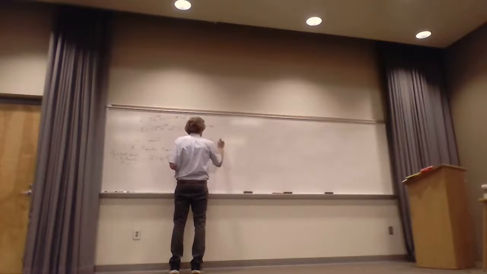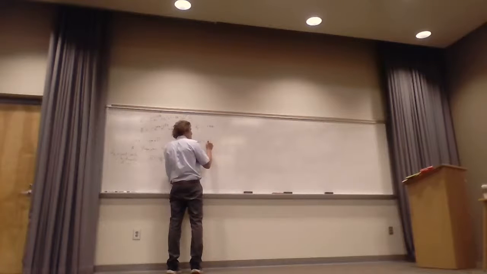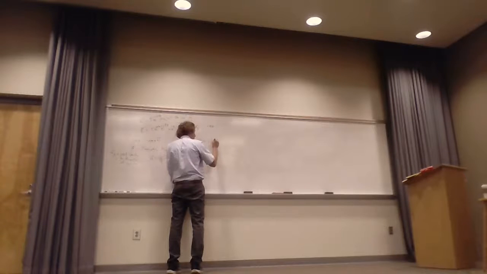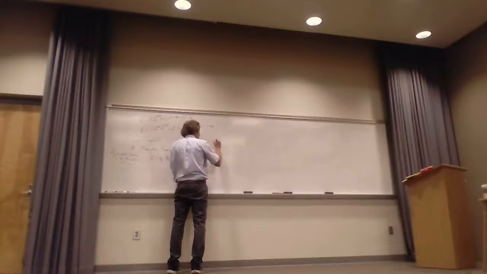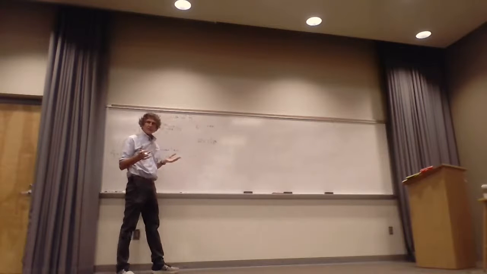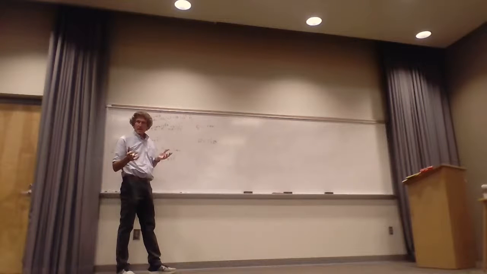I take 1 over eta. Well, eta was 1 over, what is it, 1.2, right? And it's going to be at e to the j pi over 4. It's 45 degrees, right?